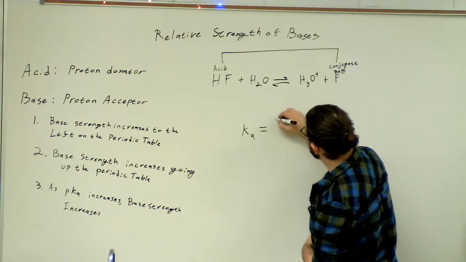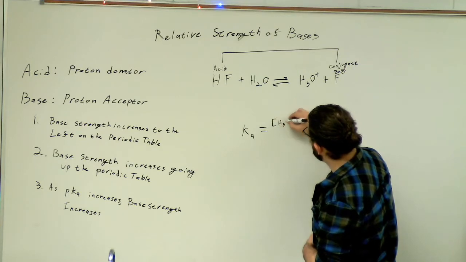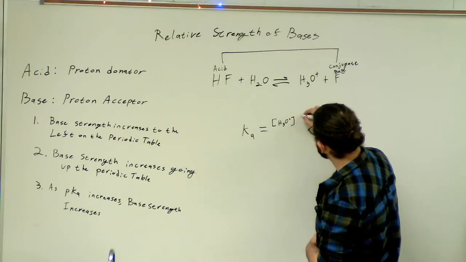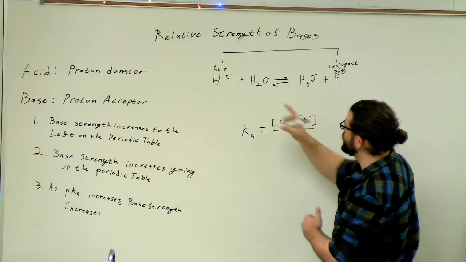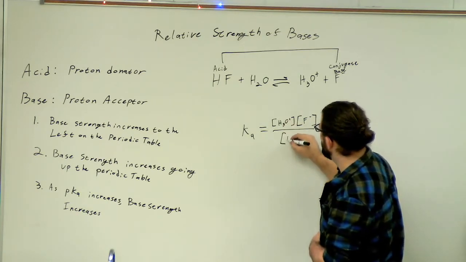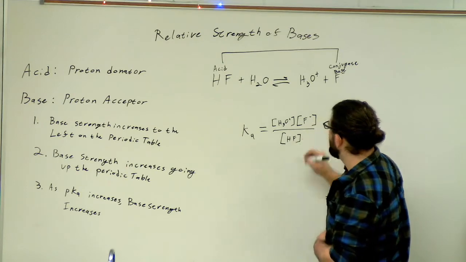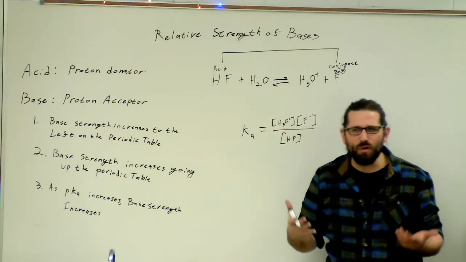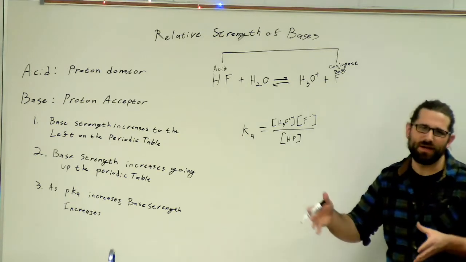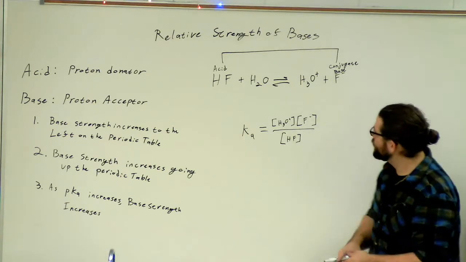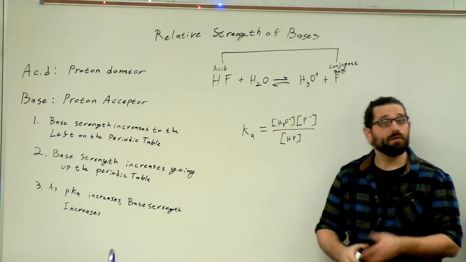So I've got concentration of H3O plus times the concentration of F minus divided by the concentration of HF. Now, we don't use the concentration of H2O because it's a liquid. It's not dissolved in itself. It is itself. So we don't need to include that here.